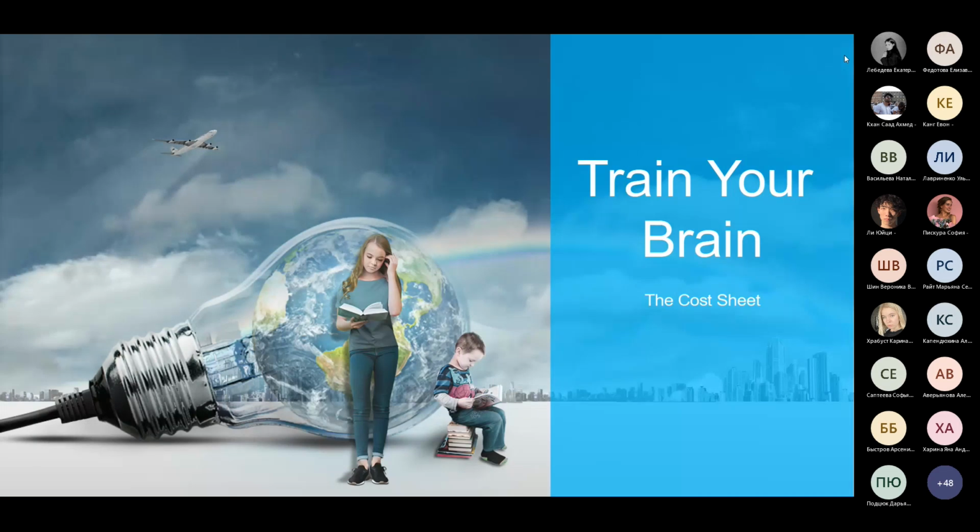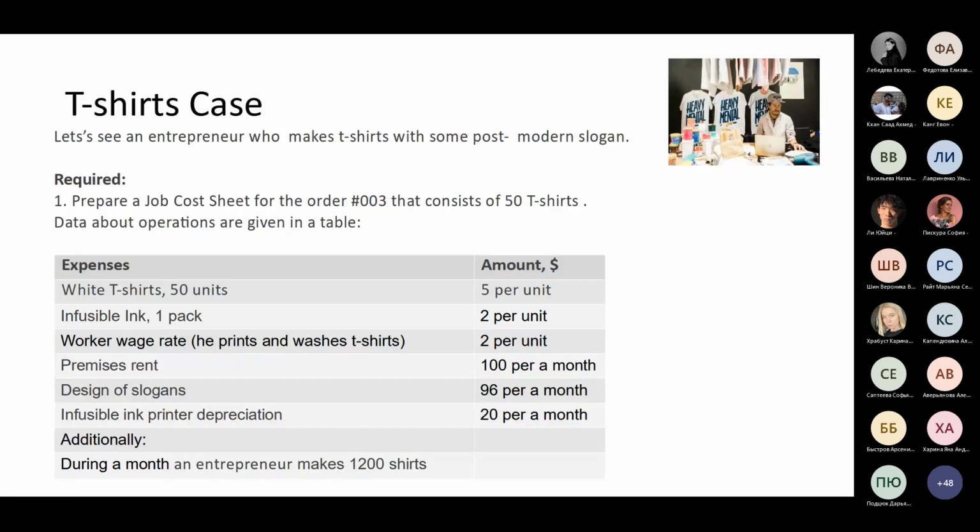So let's see the case how this cost sheet helps to assign the manufacturing overhead to a specified job. Let's return back again to our entrepreneur and see the data about operations associated with a specified job order 203 that consists of 50 t-shirts.